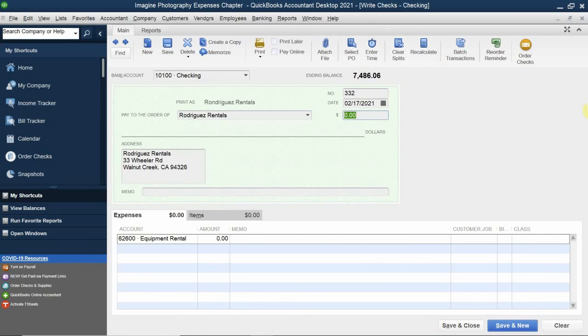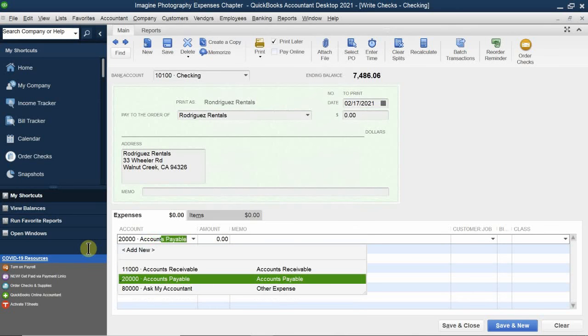When, it doesn't matter. I'm going to put print later when the time is relevant. So in this case, I'm just going to go ahead and we have equipment rental. I'm going to change this because in this case, this is a vendor deposit, right? They require me to put a deposit. So in this case, I'm going to use accounts payable.